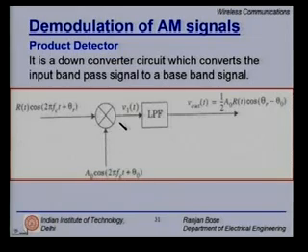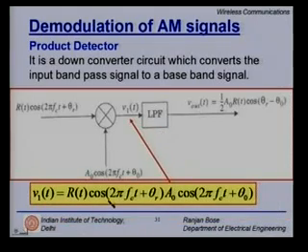You multiply. Once you multiply, you get something called v1(t), given by r(t) cos(2 pi fc t plus theta r) multiplied by A0 cos(2 pi fc t plus theta 0). Now, what is this quantity? As we will see in the next slide, this has a low pass component and a high frequency component.